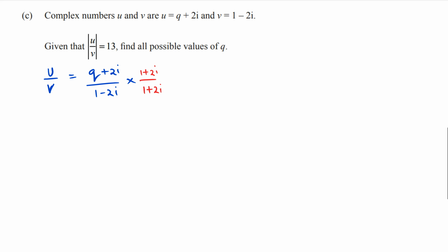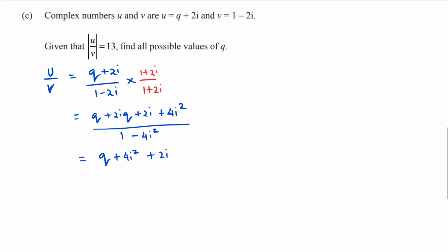So when I do this, I'm going to get q plus 2i, q plus 2i, and then plus 4i squared. Then in the denominator, I will be getting 1 minus 4i squared. Now for the numerator, I need to have all my real values together and all my imaginary values together.